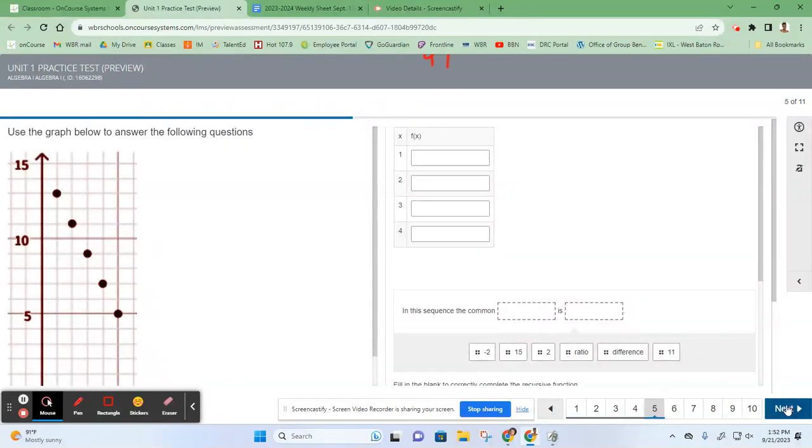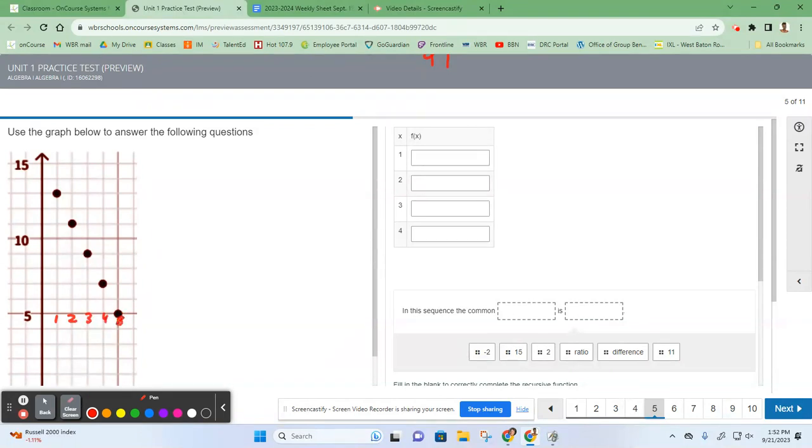Use the graph to find the following. So in this, I wonder if I can move this somewhere. Okay. This is my 1 right here. This is the 1, 2, 3, 4, and 5.